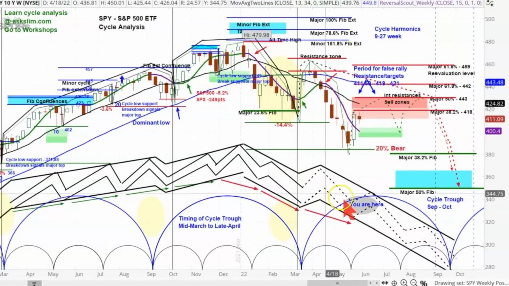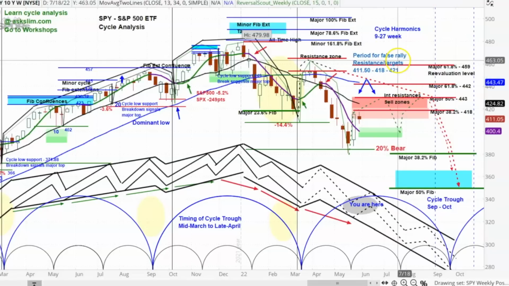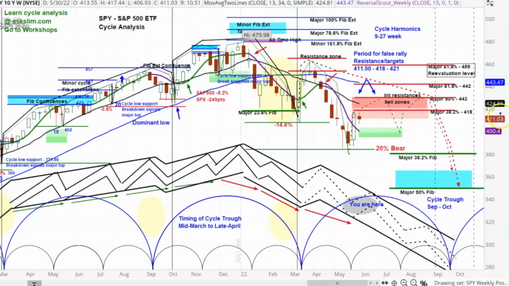Either way, it follows this map right over here, which is the highest probability, which means that getting through this area here for that big resistance at 443 is just a huge long shot, and it's much more likely that this false rally does fail in those areas that we're talking about, and that it does begin to move down in a very significant way.